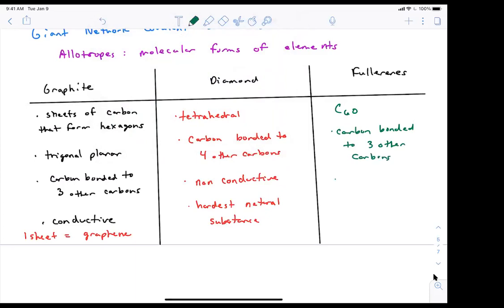But because they are in independent giant spheres, they tend to be non-conductive, because the electrons can't really move between the different fullerenes. And it's 12 pentagons and 20 hexagons.